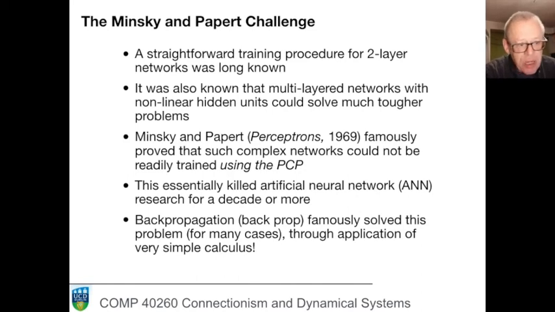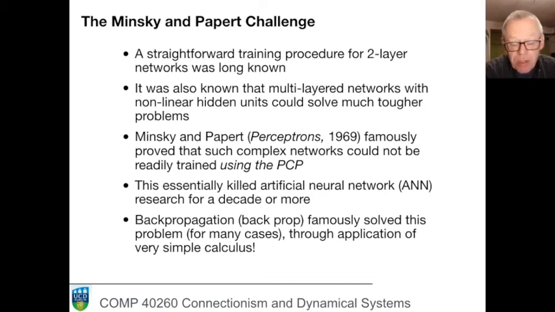It understood perceptrons to be two-layer networks, and they had available to them no training procedure for networks with more layers than that. And they proved that the Perceptron Convergence procedure couldn't train the more complex networks. They were right in a sense, but their contribution was most unfortunate.